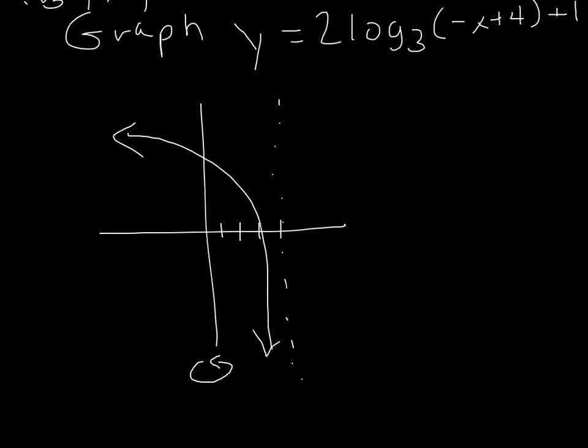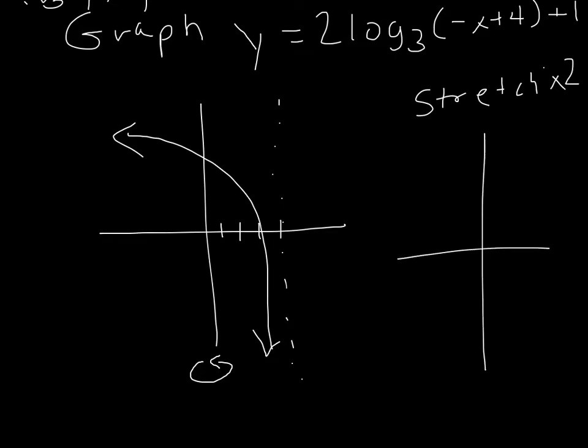And then the last transformation is to just stretch this out a little bit by a factor of 2. That doesn't hugely change the graph, so I'll just put it right here, stretch by 2. So what we see is still the same asymptote here, the dotted line, but the curve goes a little bit faster, a little bit steeper.